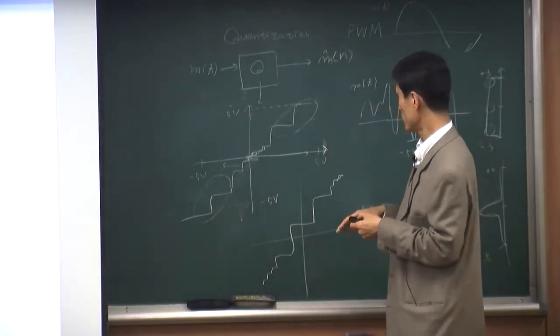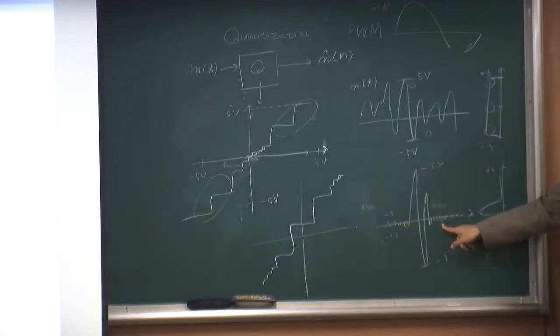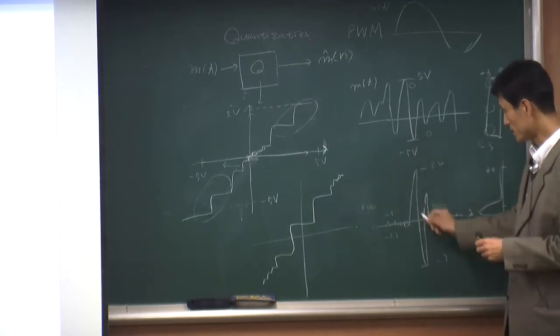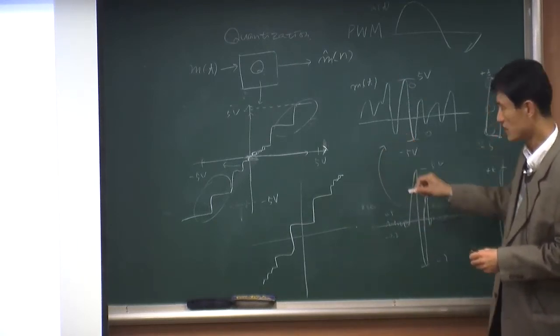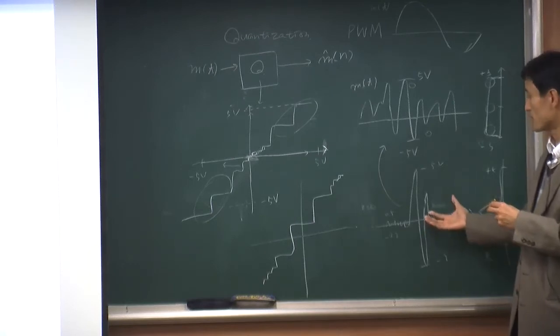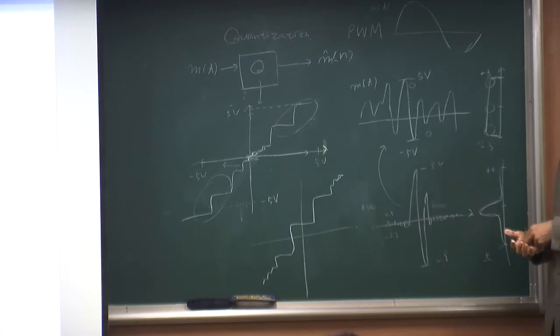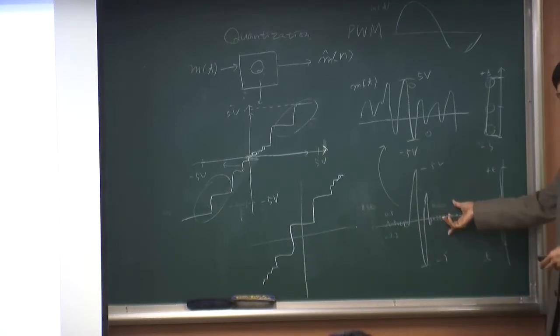So what we want to do is, this is our input. We are trying to convert this input into this one inside the hardware, inside the coding. That's what we call pulse code modulation, PCM. This is our original input.